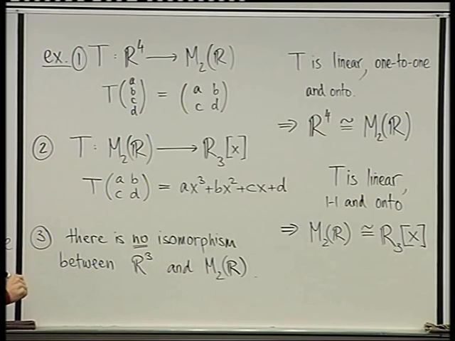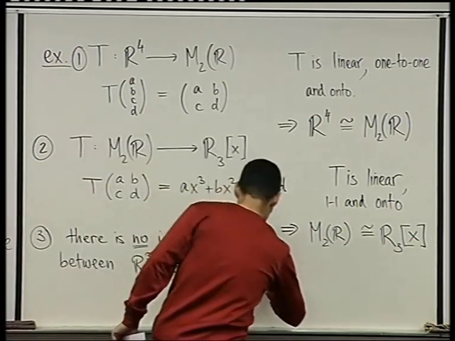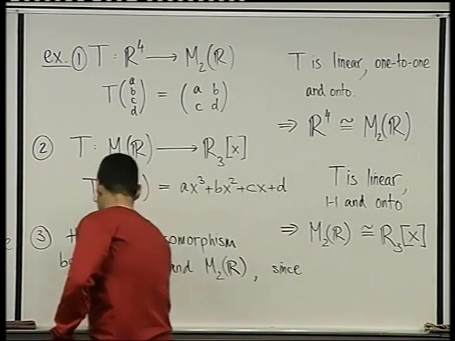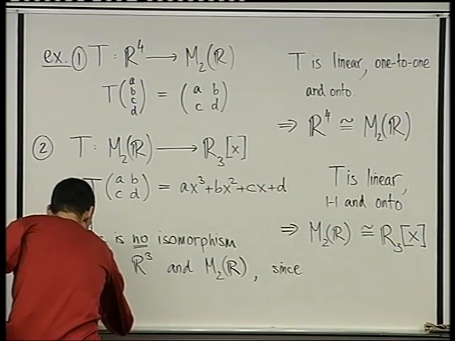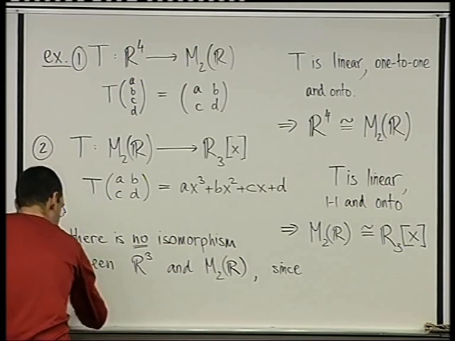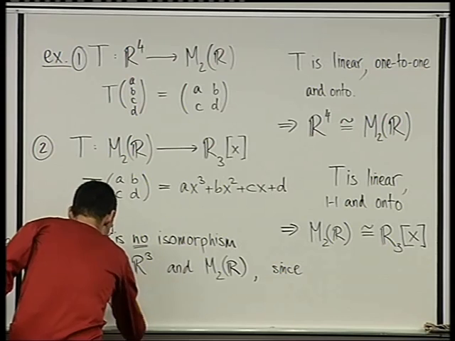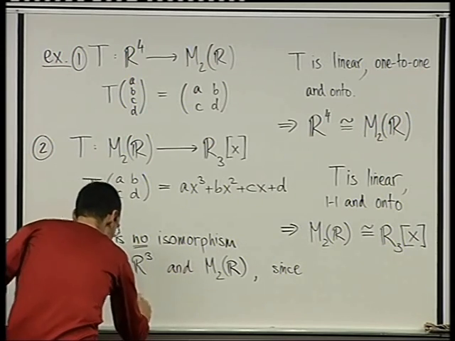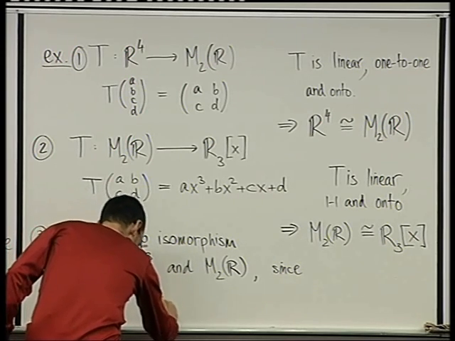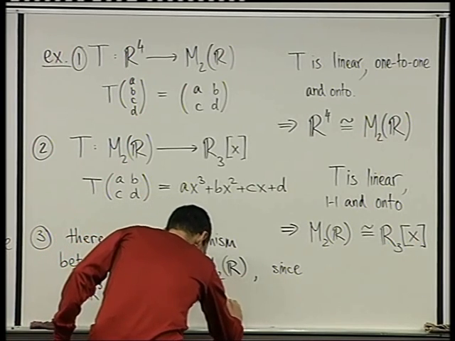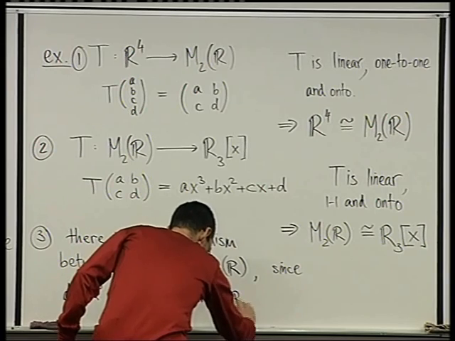They're not isomorphic. And the reason is the dimension of R3, which is 3, is not equal to 4, which is the dimension of M2R.